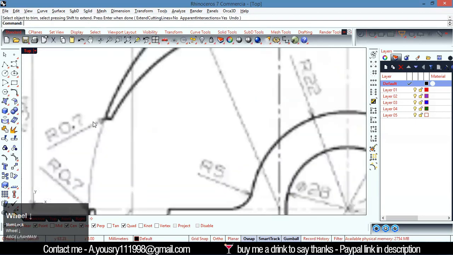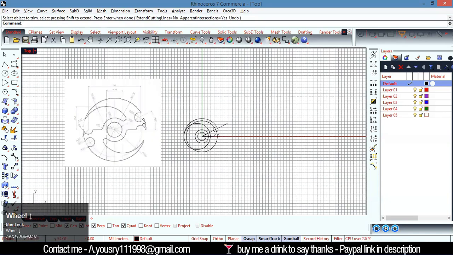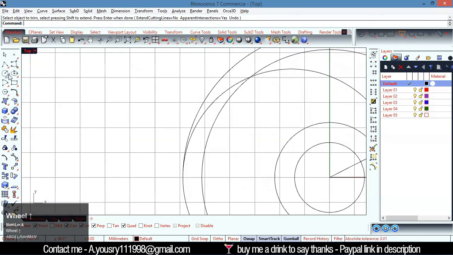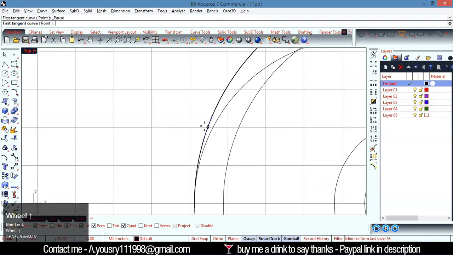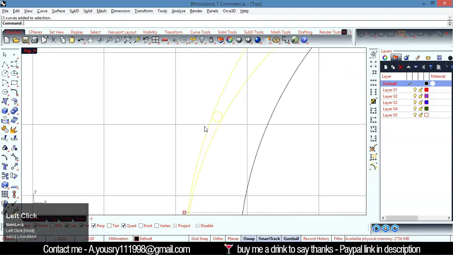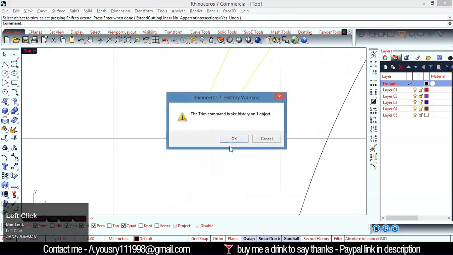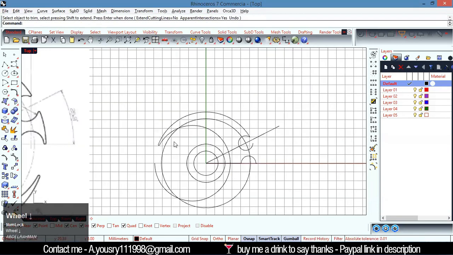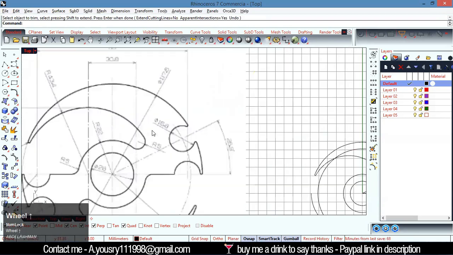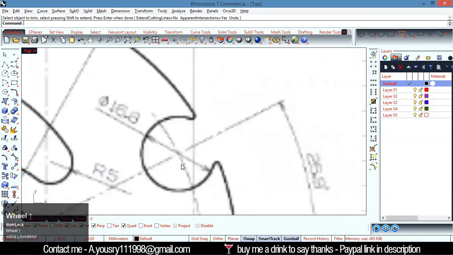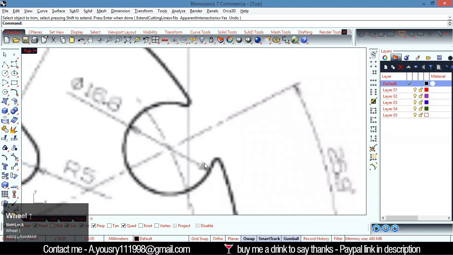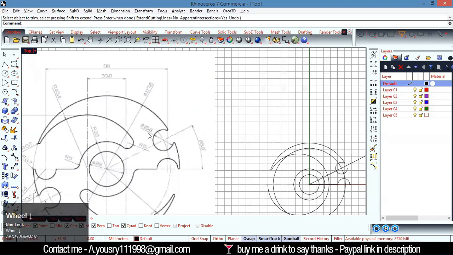I have a circle here which is 0.7 in radius. So I'm going here, tangent, tangent, 0.7 radius, trim. Okay, that one. And also I have here, it's also the same, 0.7.